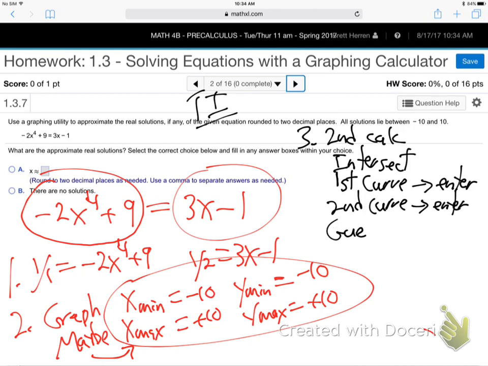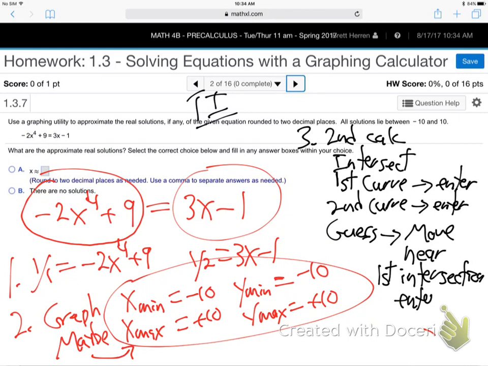And then guess, move near the first intersection and hit enter. There we go. There's the instructions for the TI anyway. So I'll send you a YouTube that says it a little more clear and better than I'm saying it.